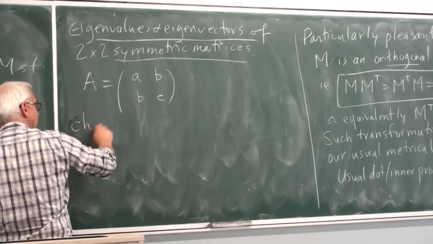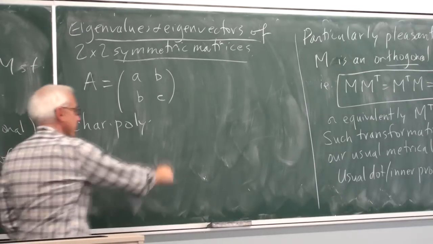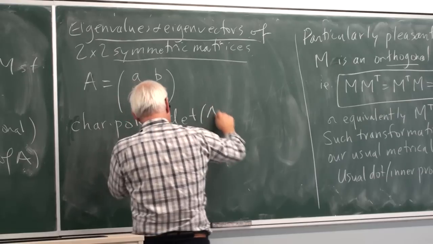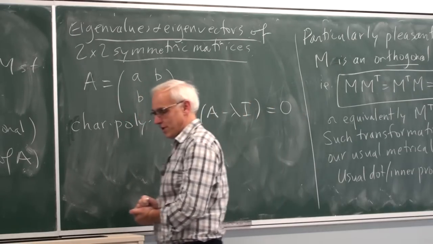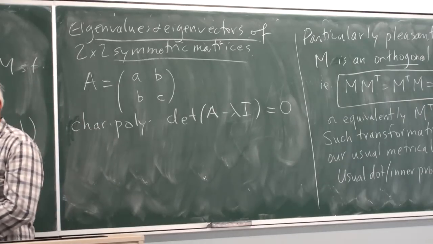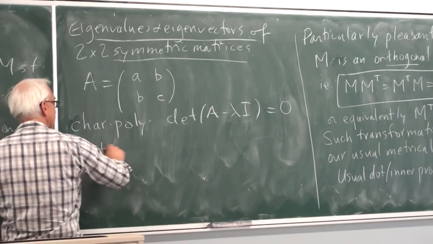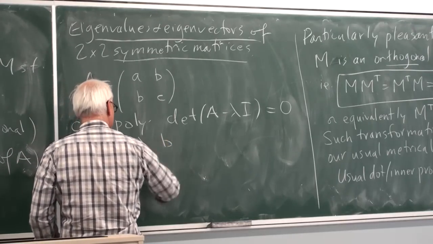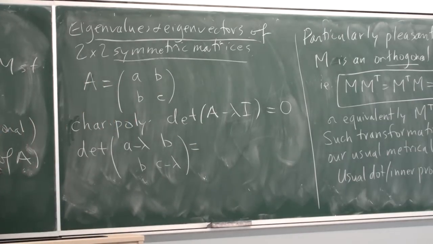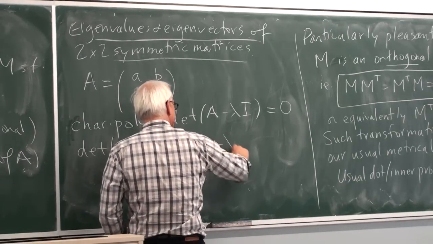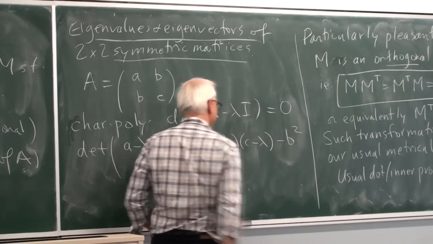So the characteristic polynomial of this thing is the determinant of A minus lambda I, and we need to set that equal to 0 for the eigenvalues. So that's the equation: the determinant of the matrix A minus lambda, B, B, C minus lambda equals A minus lambda times C minus lambda minus B squared.